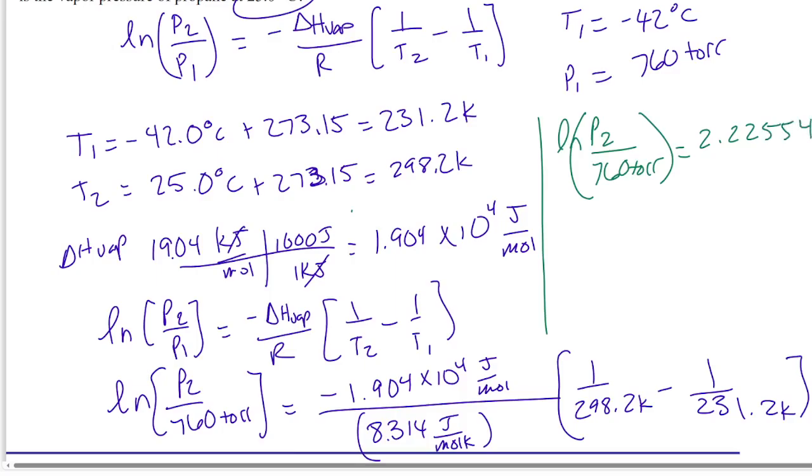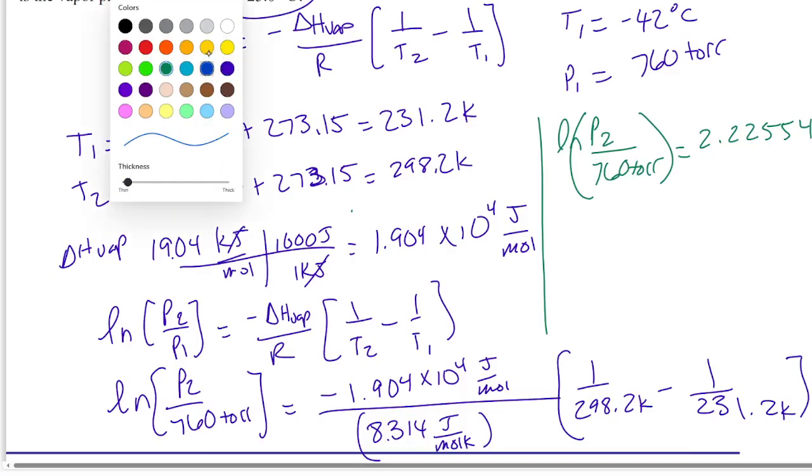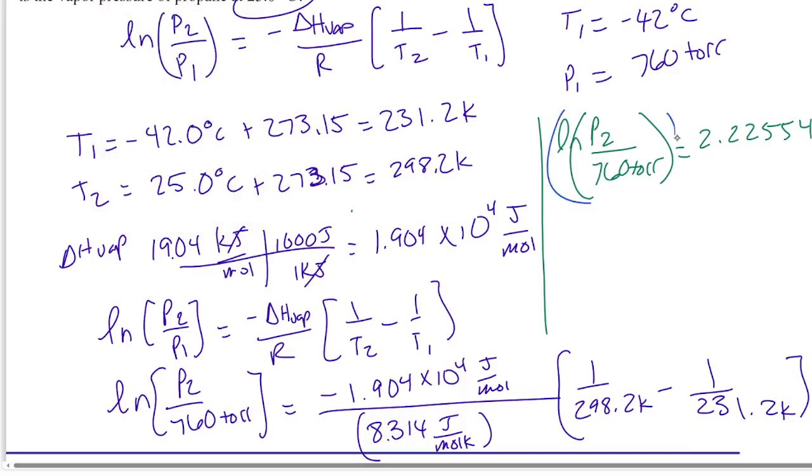2.22554. Now what I need to do is take e to the both sides, all right? E to the ln of P2 over 760 equals e to the 2.22554. So that brings the P2 over 760 torr out of the logarithmic function.